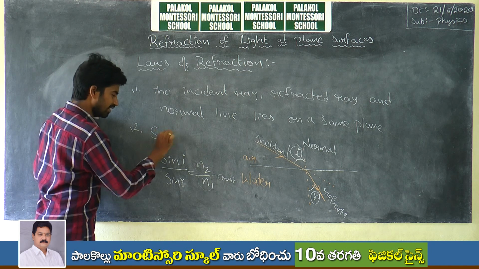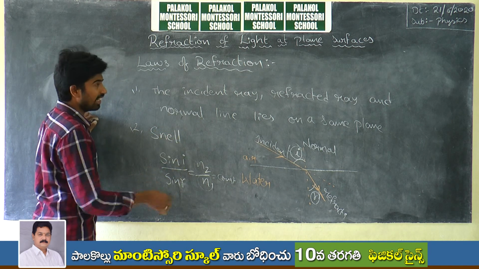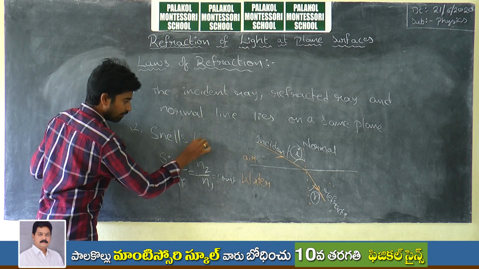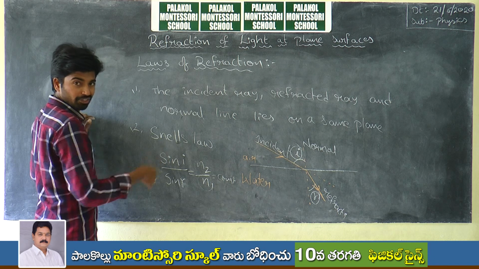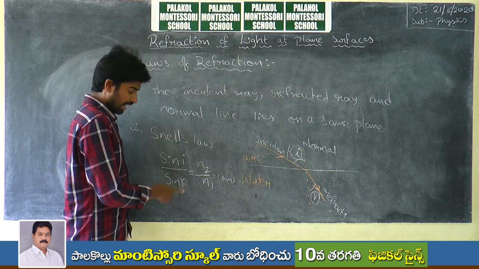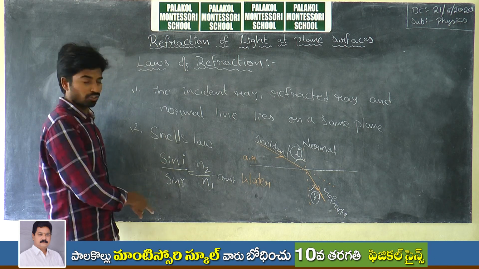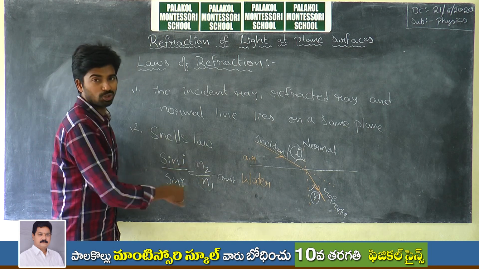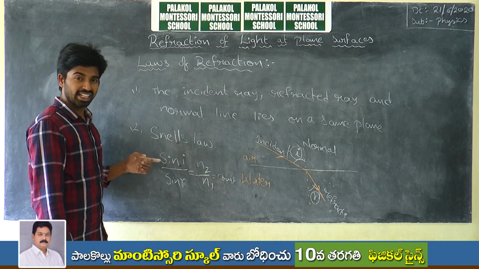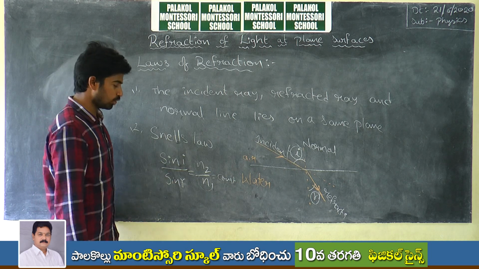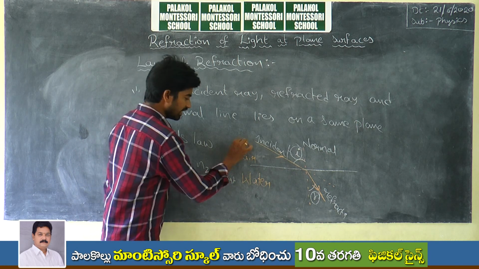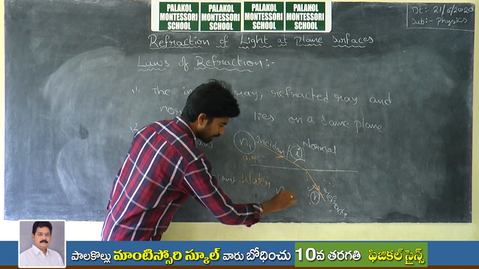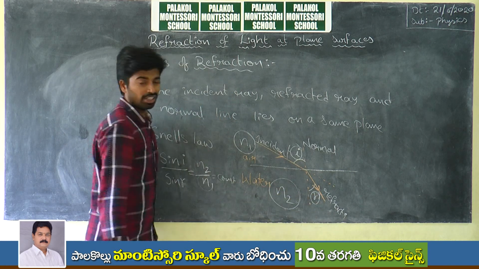So the other law that light will follow during refraction is Snell's law. What is Snell's law? It gives the relation between angle of incidence i and angle of refraction r. The relation is sin i by sin r is equal to n2 by n1, where n1 is the medium that contains the incident light, and n2 is the second medium which contains the refracted ray.